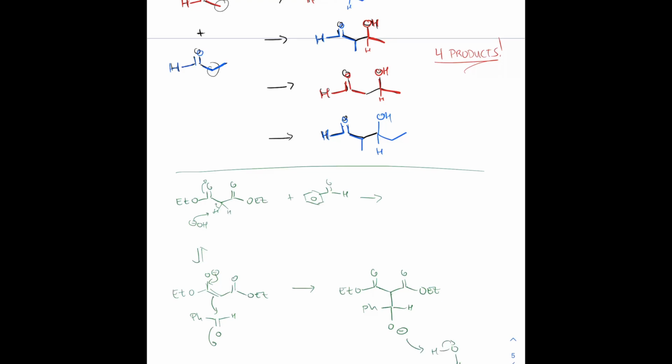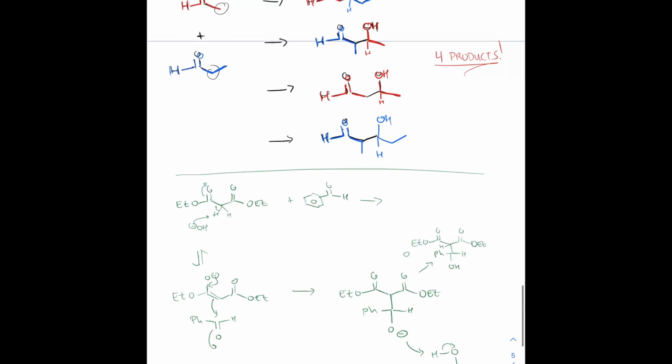This one looks a little bit more complicated, but it's still the same beta hydroxy carbonyl, right? And so we can continue as we would and remove a proton to do the elimination to yield the new alpha beta unsaturated carbonyl compound.